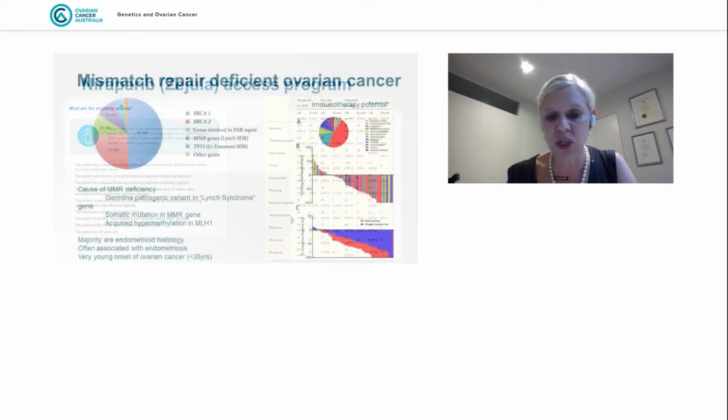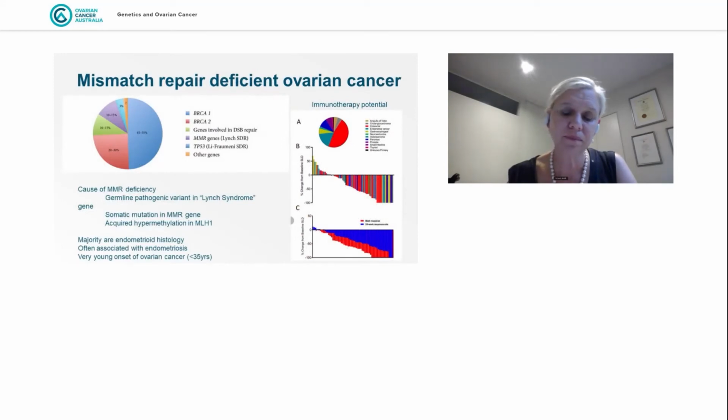I'm going to move now to the ovarian cancers that might be associated with mismatch repair deficiency or the Lynch syndrome genes. So in recent times, we know that the expansion of immune therapy with treatments known as immune checkpoint inhibitor therapy has expanded and is of particular interest in cancers that relate to mismatch repair deficiency.